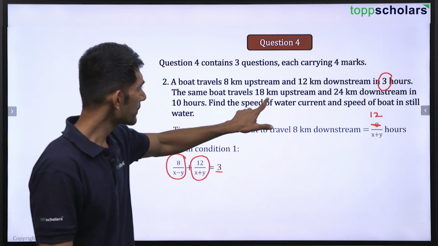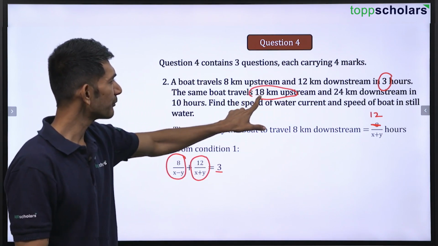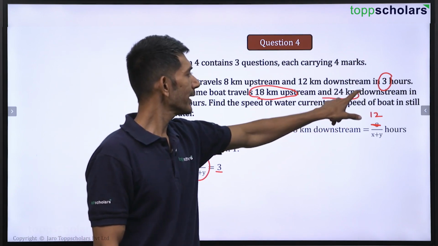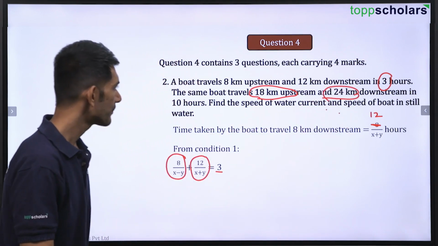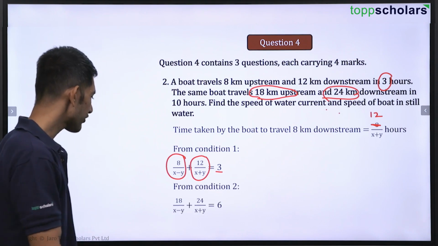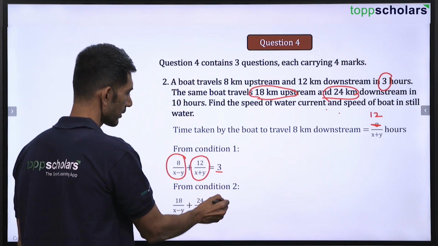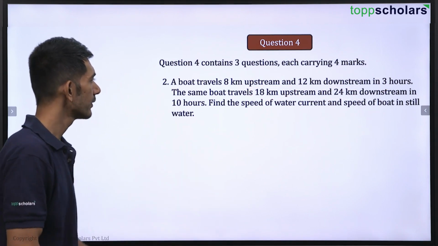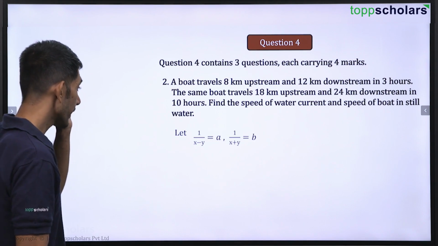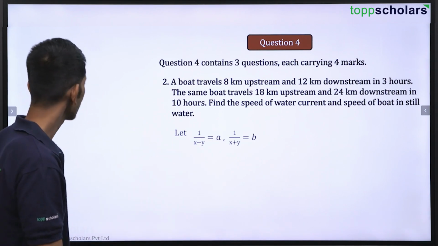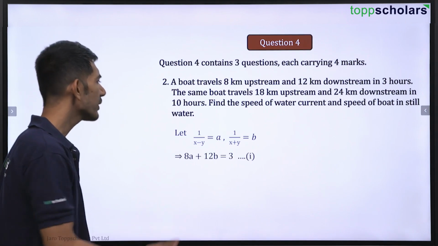Same thing here, 18 by x minus y plus 24 by x plus y, so 18 by x minus y plus 24 by x plus y is equal to 10. Correct? Now, what we can do is consider 1 by x minus y as a and 1 by x plus y as b, and then you get two equations, right?